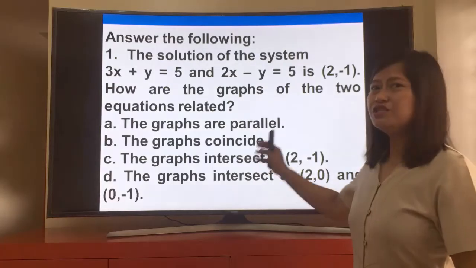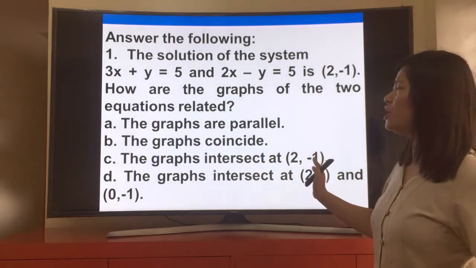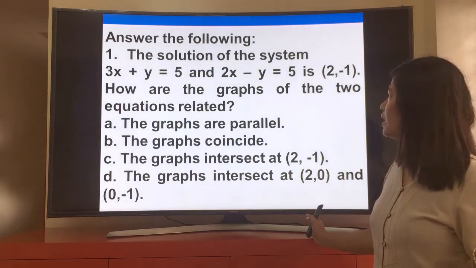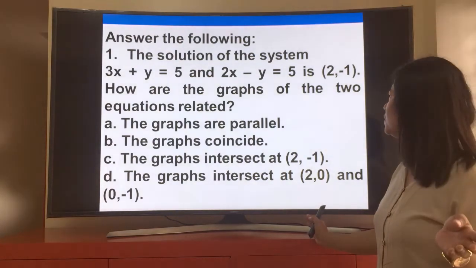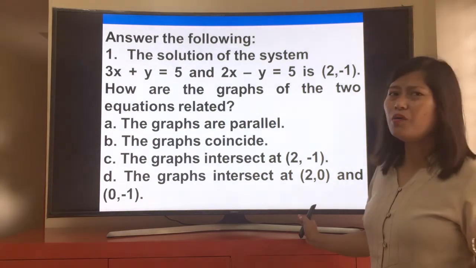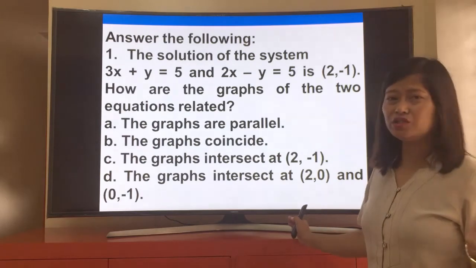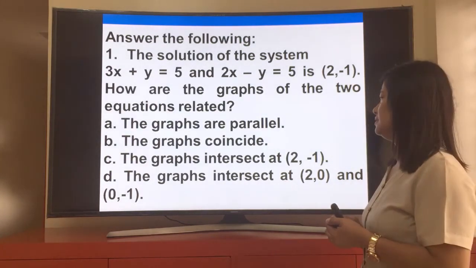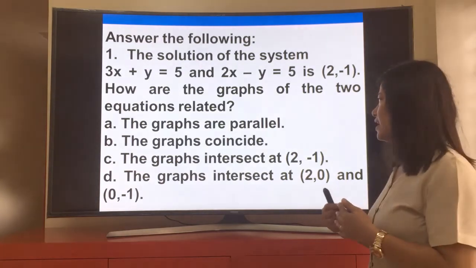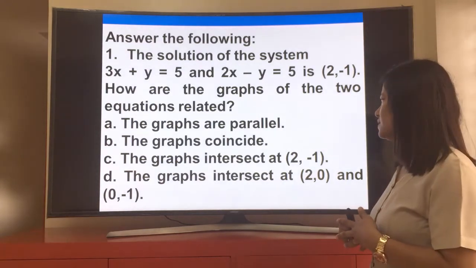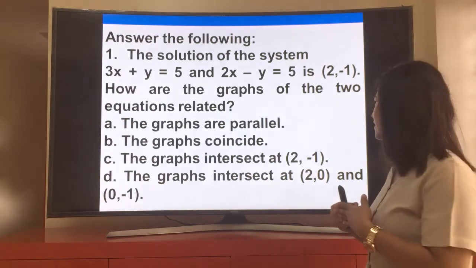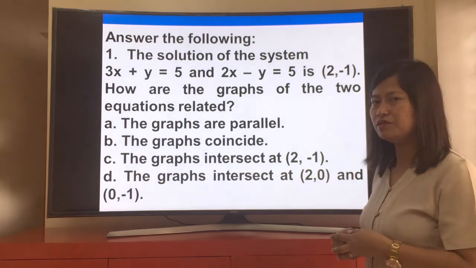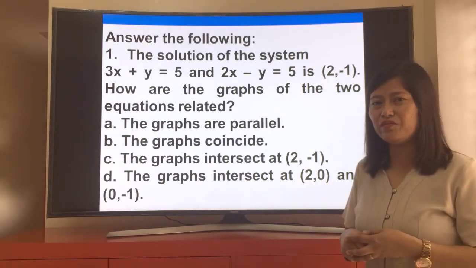This time, I want you to try this. The solution of the system 3x plus y equals 5 and 2x minus y equals 5 is 2, negative 1. How are the graphs of the two equations related? A. The graphs are parallel. B. The graphs coincide. C. The graphs intersect at 2, negative 1. And D. The graphs intersect at 2, 0 and 0, negative 1.